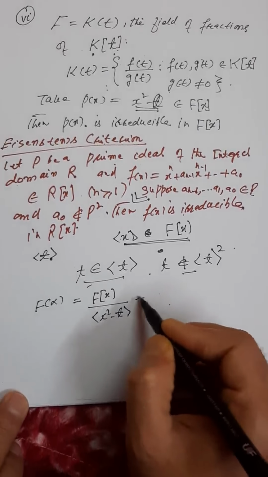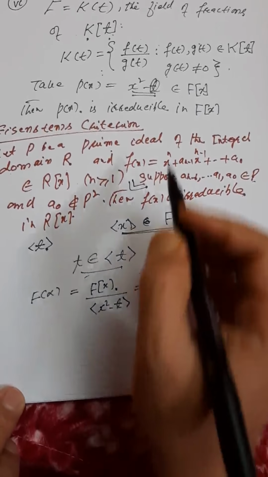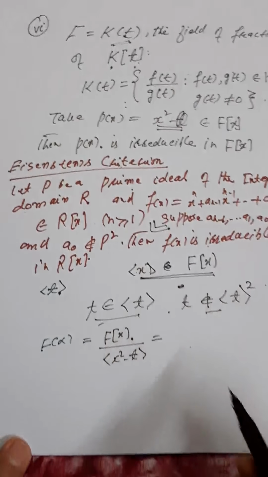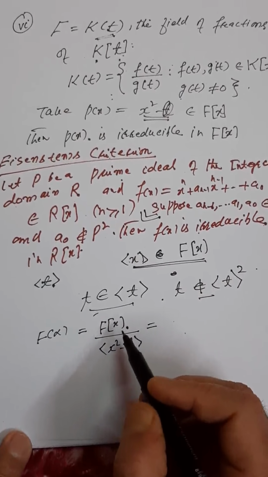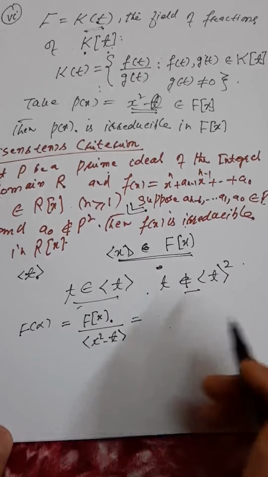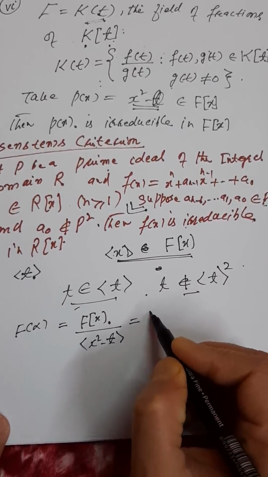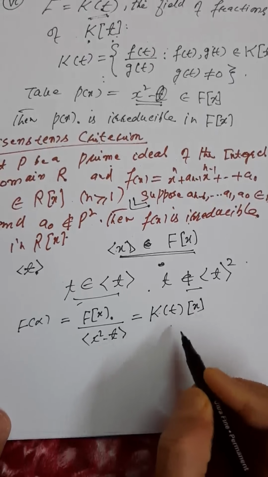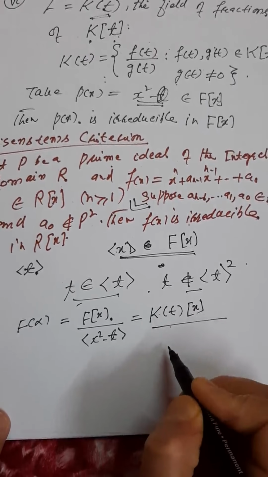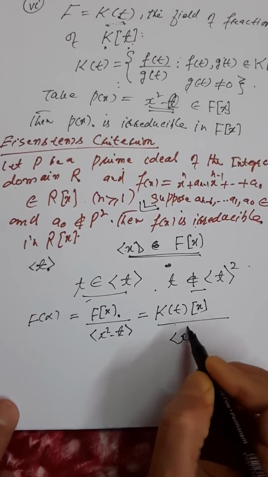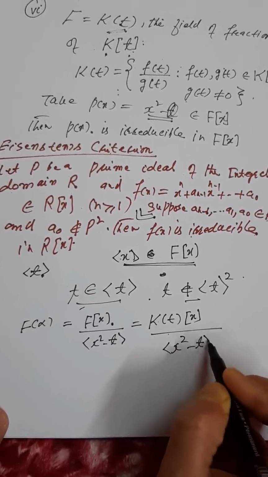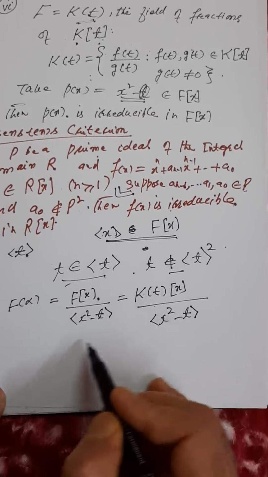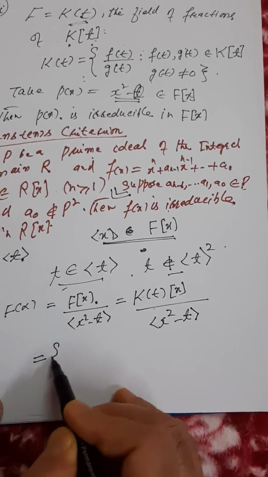Or you can say that because F is K(t), the field of rational polynomials, then it is K(t)[x] modulo the ideal generated by x square minus t.